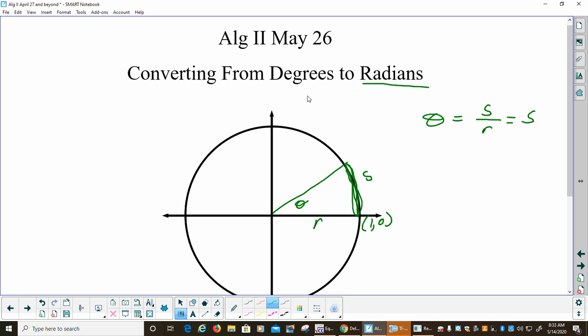Your task is to be able to convert an angle from degrees into radians. Let's say we have 210 degrees, and I want to convert that into radians. You're going to multiply by pi over 180 degrees. Now, that's a little bit messy.